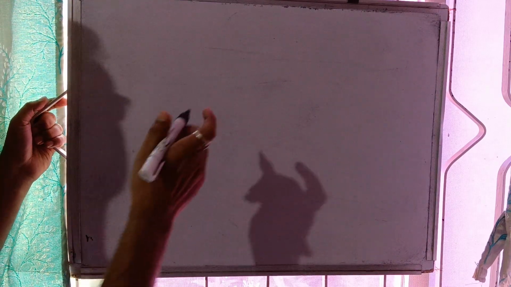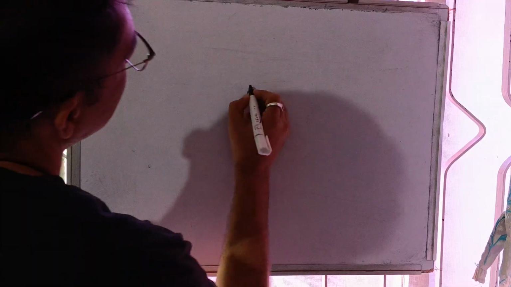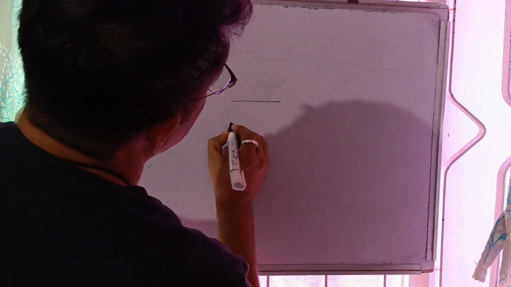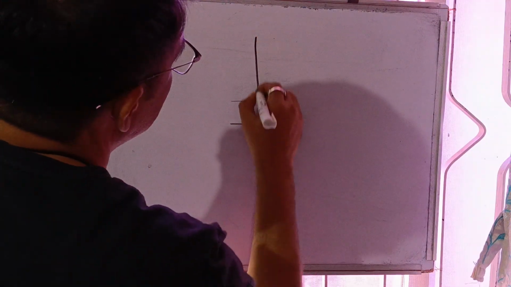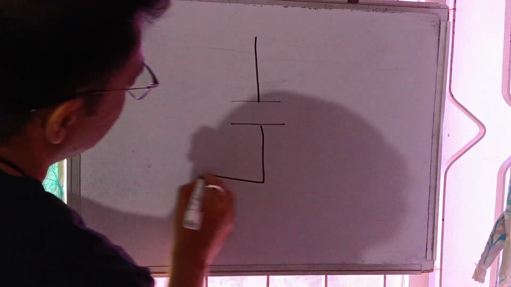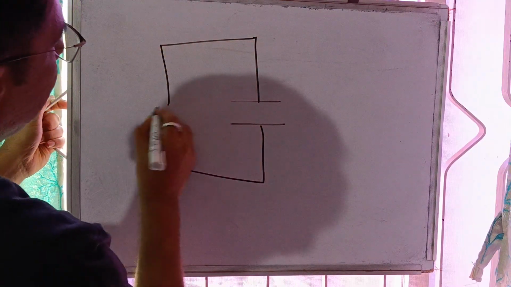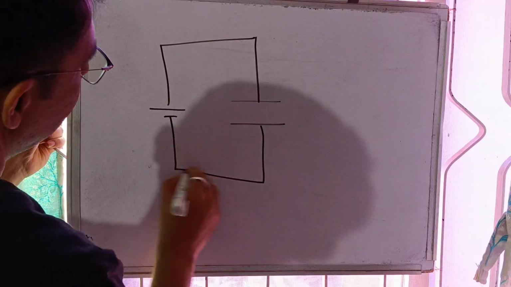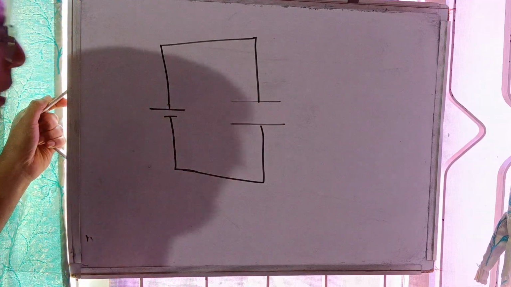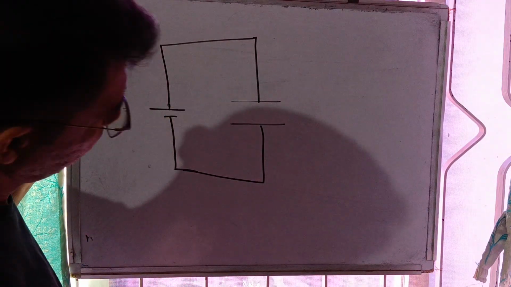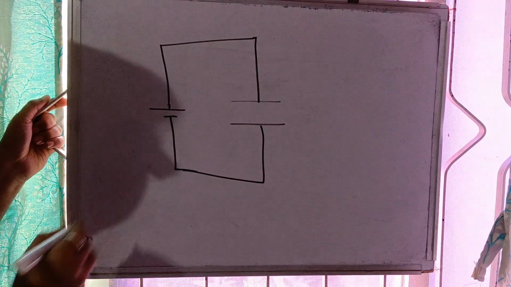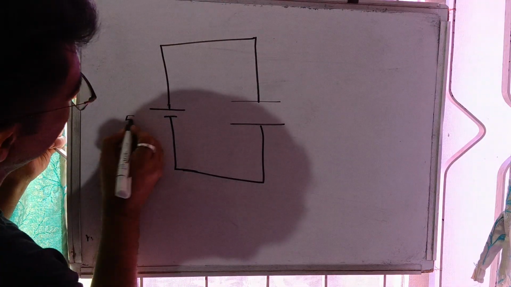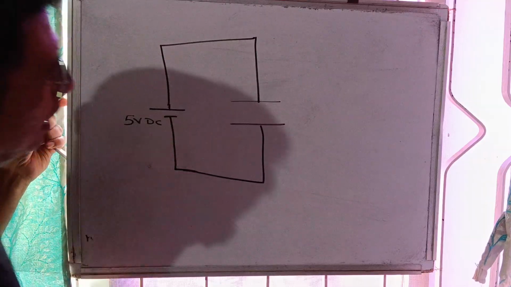Now in this case, let's say we have a capacitor, and we are giving an external supply to the capacitor. Now let's say we have a DC supply, and let's say this is a 5 volt DC supply.